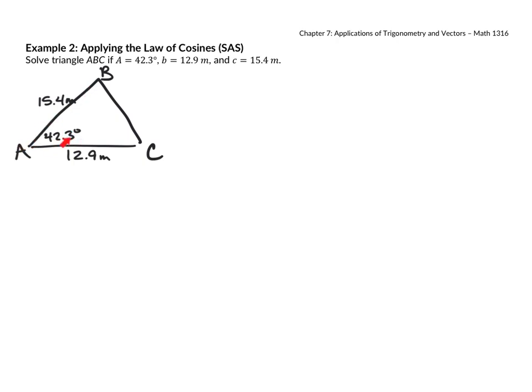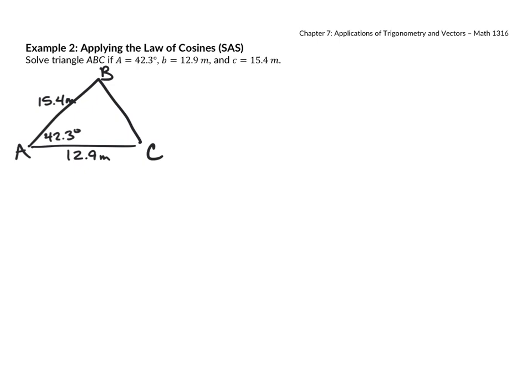Side, included angle, side. So my spidey senses are telling me we're probably going to use the law of cosines because I don't have any pairs to use the law of sines. So we can find this side very easily. The reason I know I can find this side is because if I look at the formulas, we know angle A. The only formula on the other side of your page that uses angle A is the version that's solved for little a.